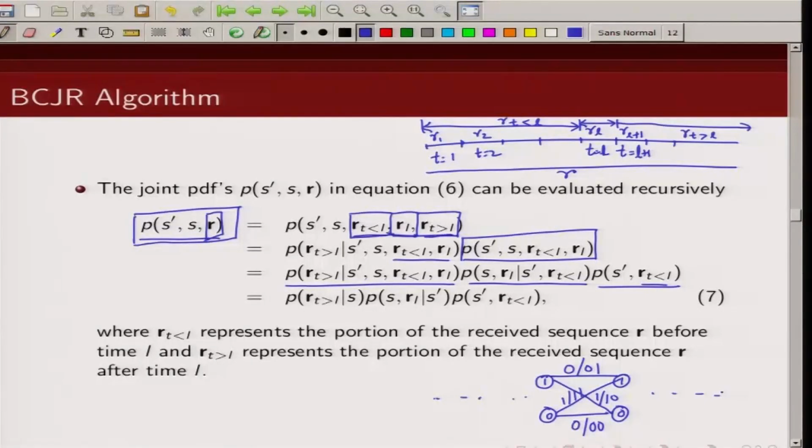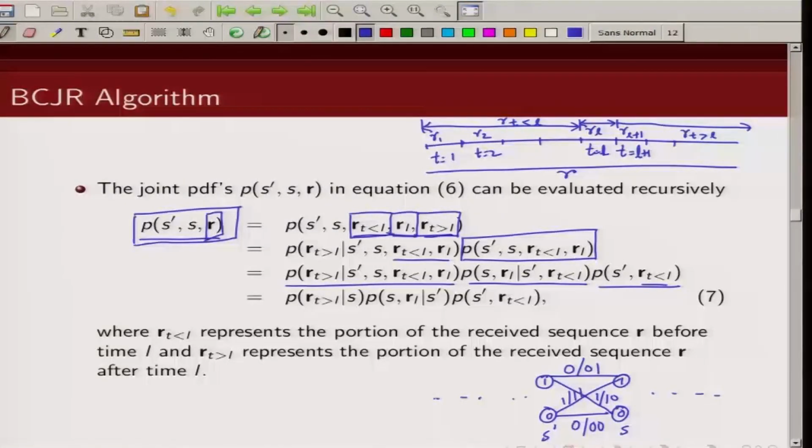So, you are interested in what is the probability of R t greater than L given previous state S prime, given next state S, given the received sequence before time t equal to L and given the current received sequence.